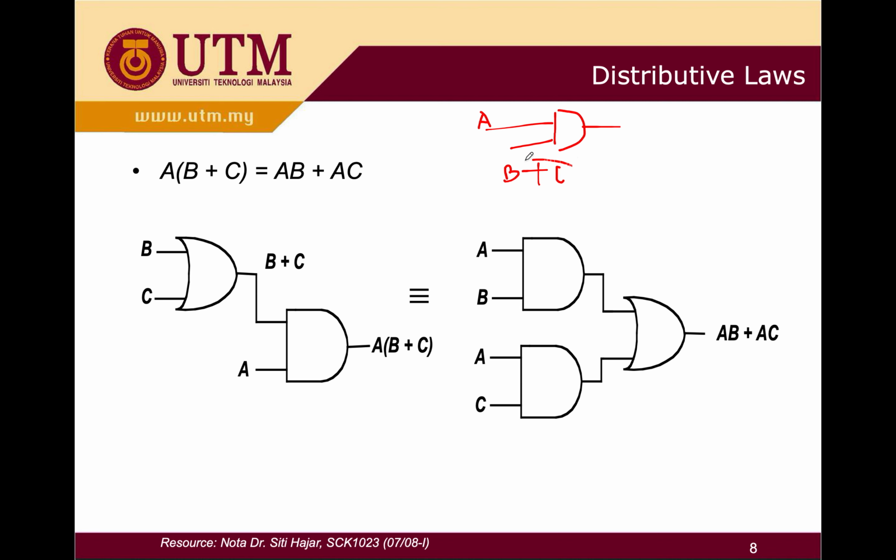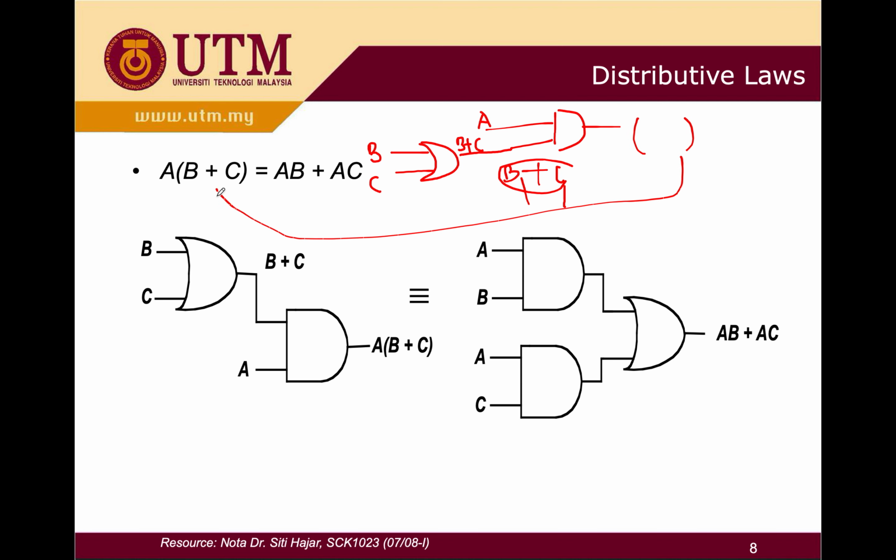So what you're going to do here, you know plus is your OR gate. So you will drag this and then you will draw the OR gate. So you have two inputs. So you will draw B, C. So you get B plus C. So you get the output here similar to here.